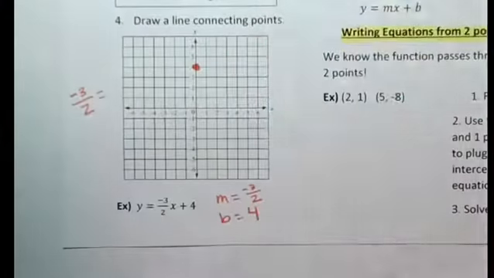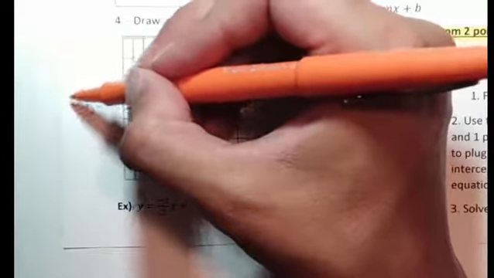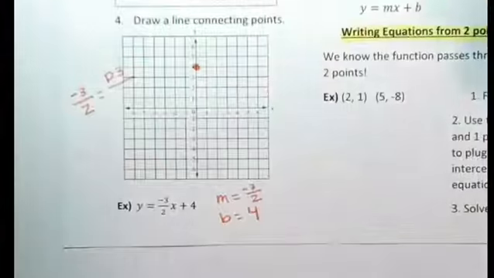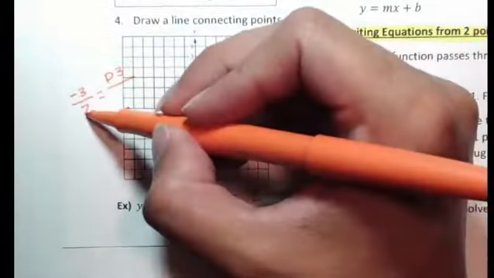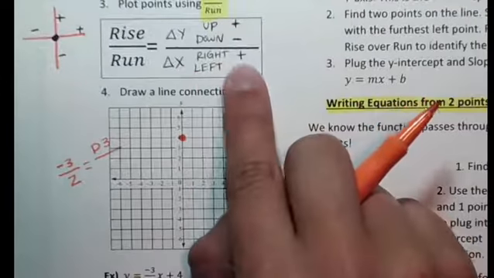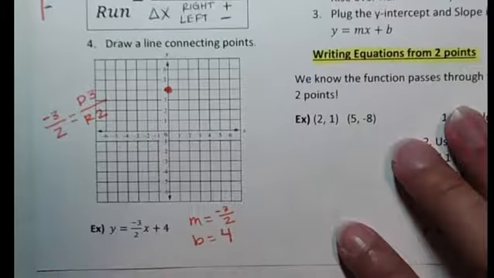Which directions am I going here? If this is my rise over run, this rise is a negative 3, which means I'm going down 3. My run is a positive 2, so I'm going to the right 2.